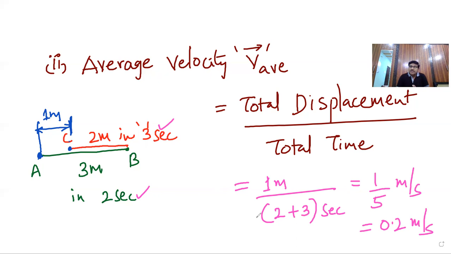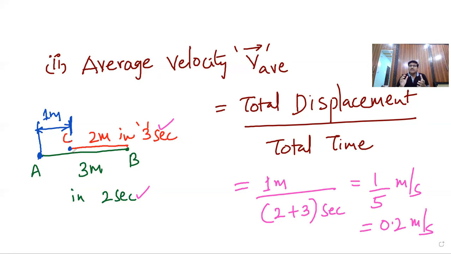What is the direction? This is the magnitude. Direction is always, as we said, from the initial point to the final point, A to C. Wherever the displacement direction is present, that is the direction of the velocity.